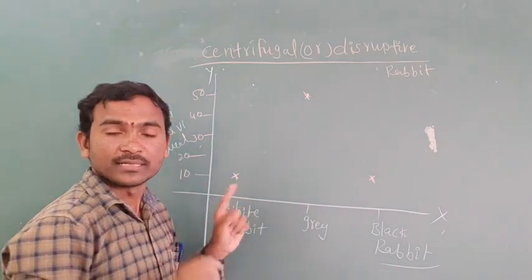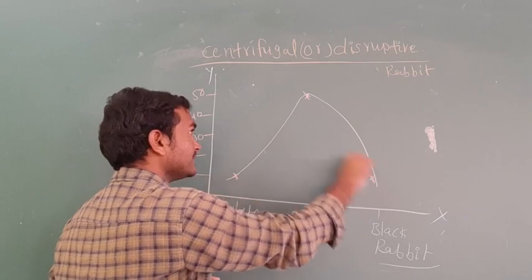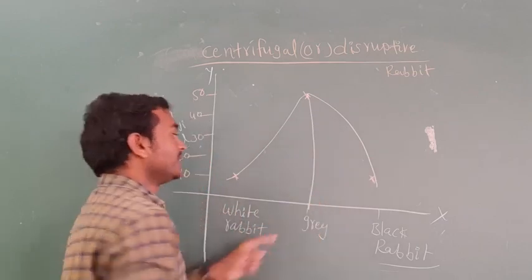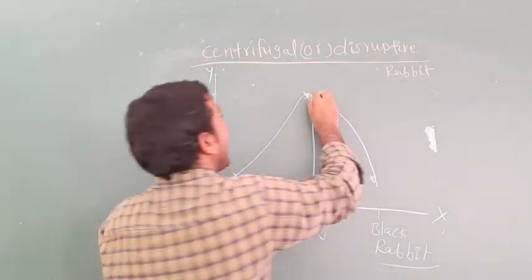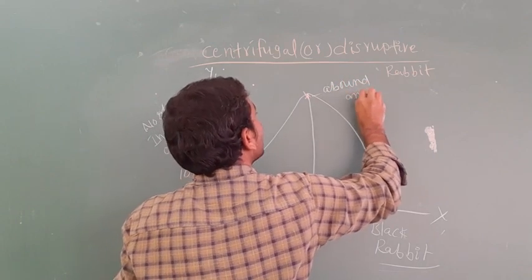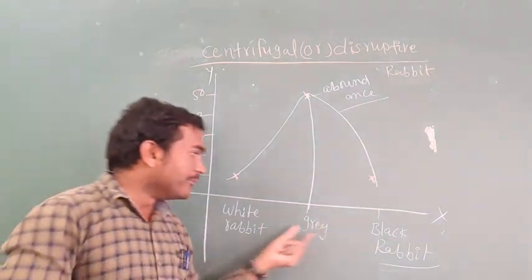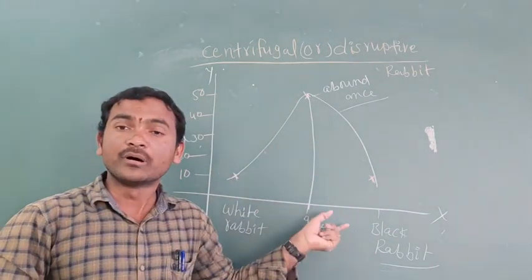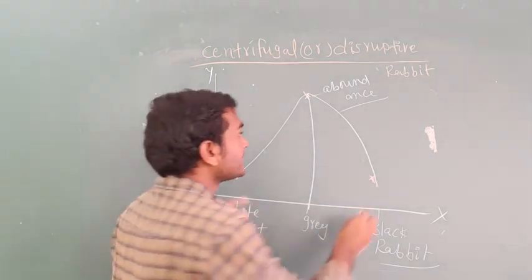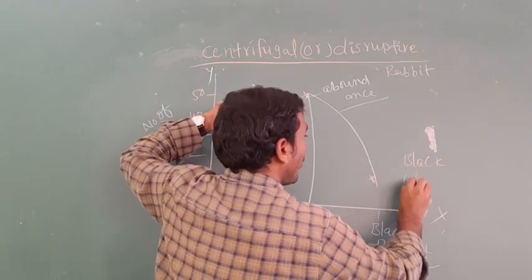So in an environment where we combine them like this, the grey rabbit is the most abundant, the highest number normally. But suppose these 3 rabbits live in a place where there are black and white stones.